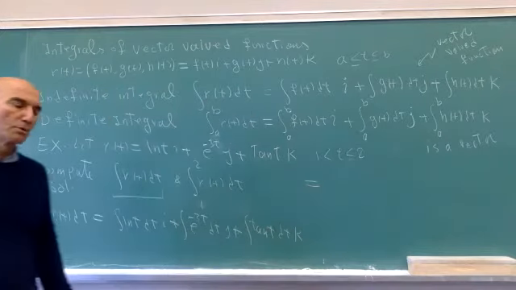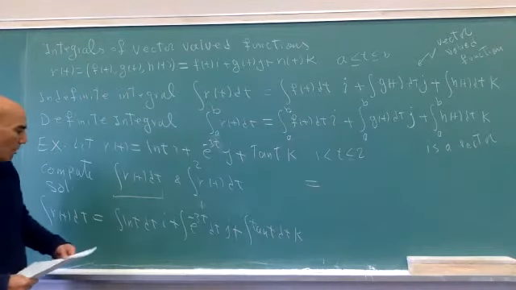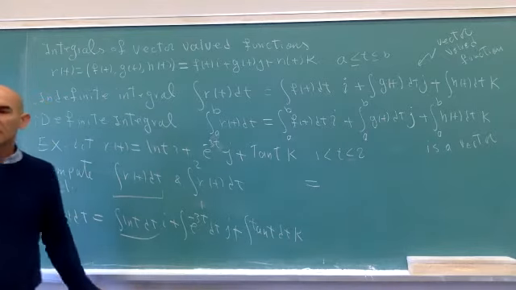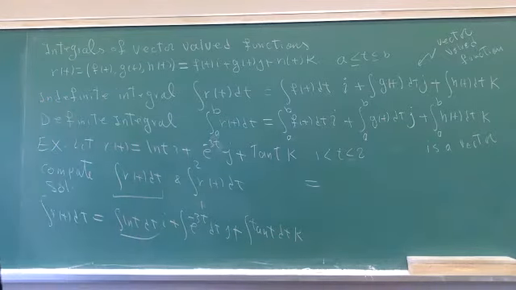So term by term, what is the antiderivative of log t or ln t? You remember? Is it t ln t minus t? Yeah, this is the perfect answer. Of course, plus some constant.